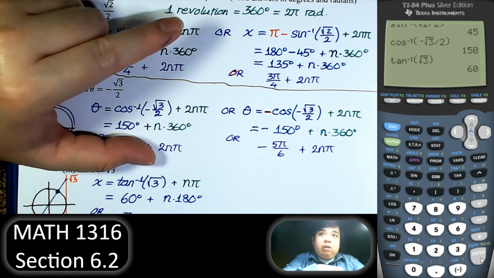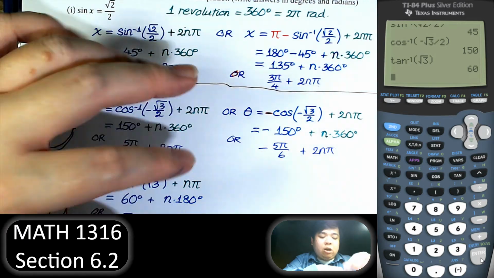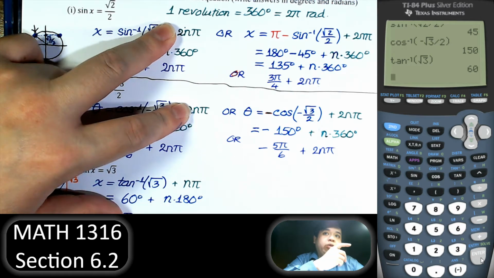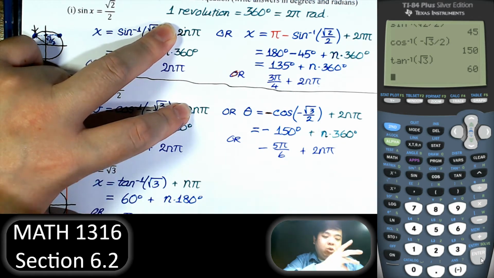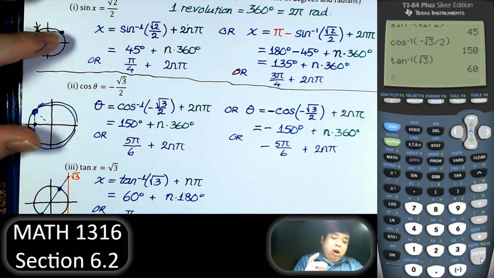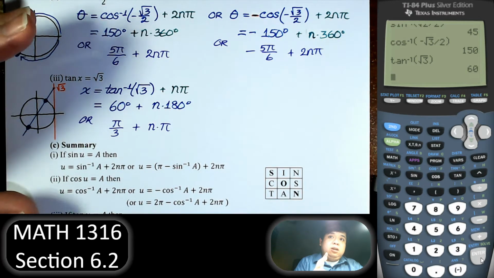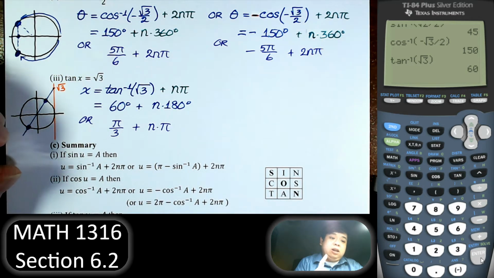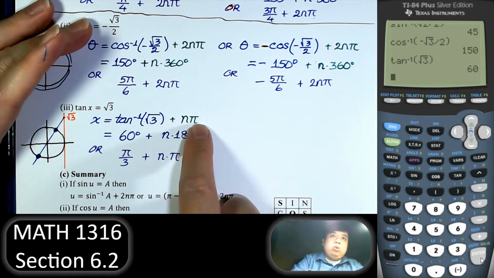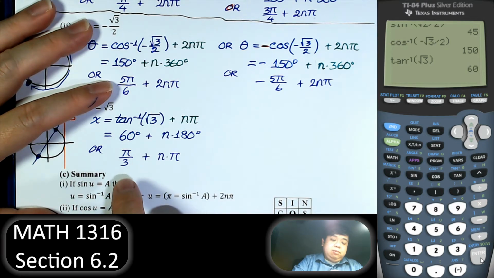The period for sine x and cosine x by default is 2 pi, or one revolution, or 360 degrees. The period of tangent and cotangent is just pi. So for tangent, the period is pi, which is why we just add n times the period to it.